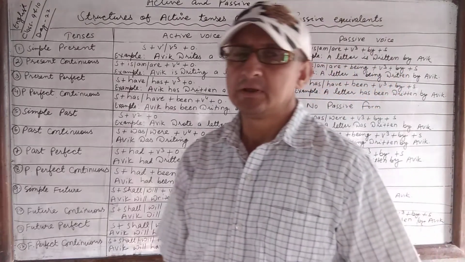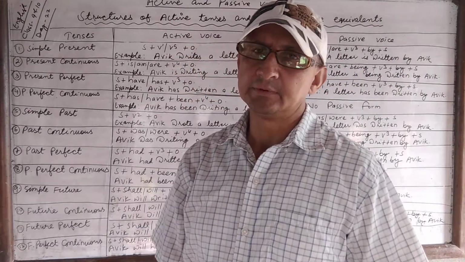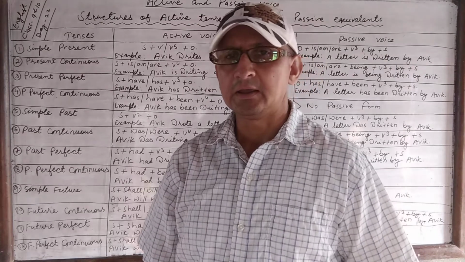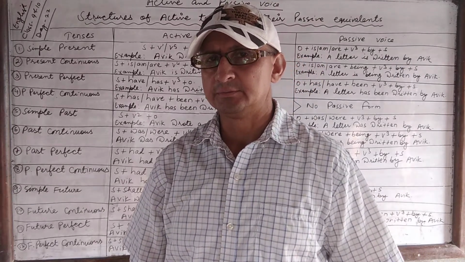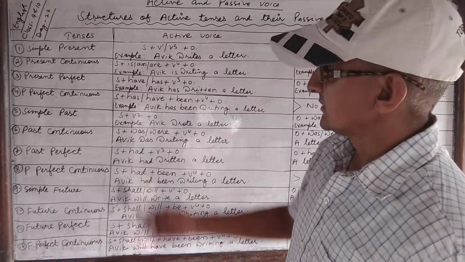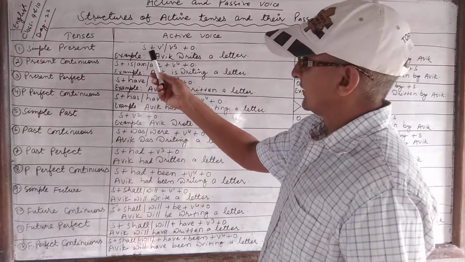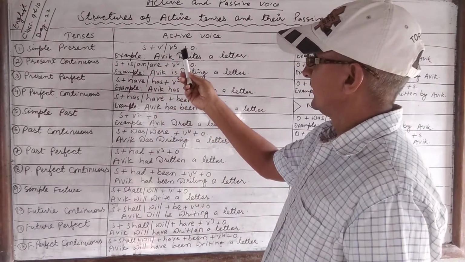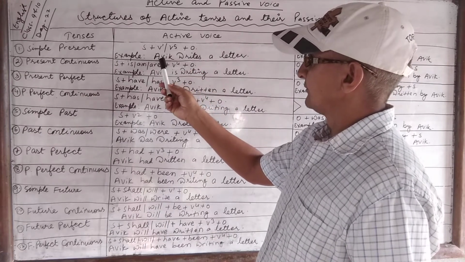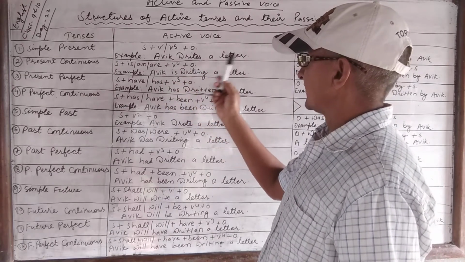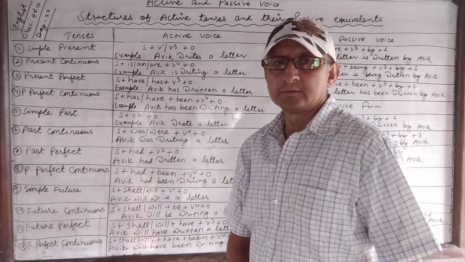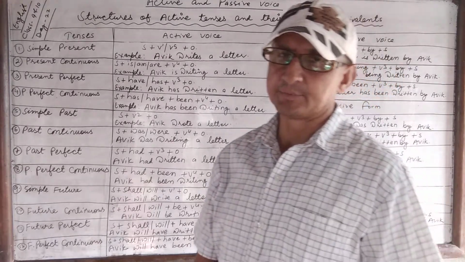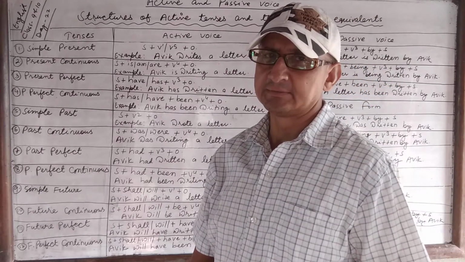Singular subject agrees with singular verb and plural subject agrees with plural verb. The example is, Abik writes a letter. This is the structure and example of simple present tense.